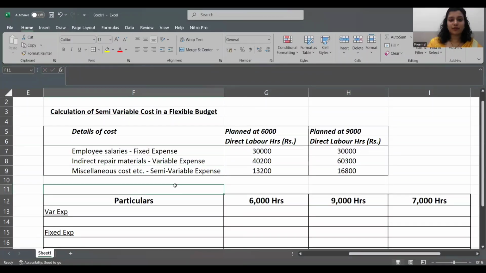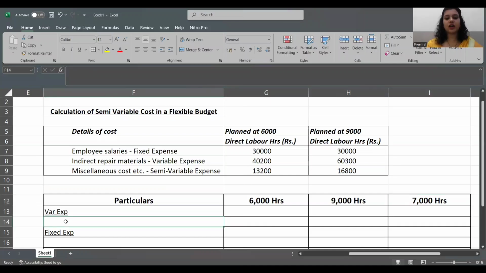So if we have to prepare a flexible budget, say for example, in the question, they've asked us to prepare a flexible budget at 7,000 hours. So I'm just going to prepare a column for 7,000 hours. Now we clearly know which is a fixed and which is a variable expense.